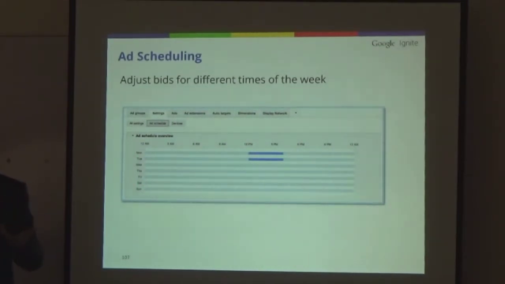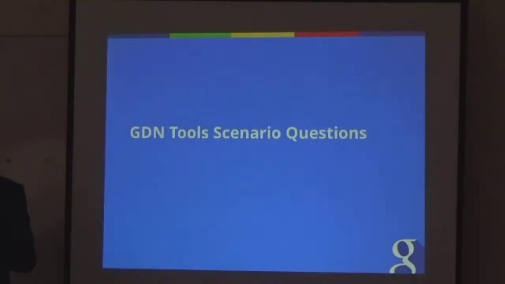So if, for example, you are running a call center, you know what's a call center, telemarketers and stuff like that, and let's say you close your call center at 5 p.m., you might want to use ad scheduling to not show your ads after 5 p.m. You only activate them back the next day at 9 a.m. So you can use ad scheduling to adjust the bid to show or not to show your image ads. Are we clear on this? Yes, ad scheduling. Some questions might be tested on that.